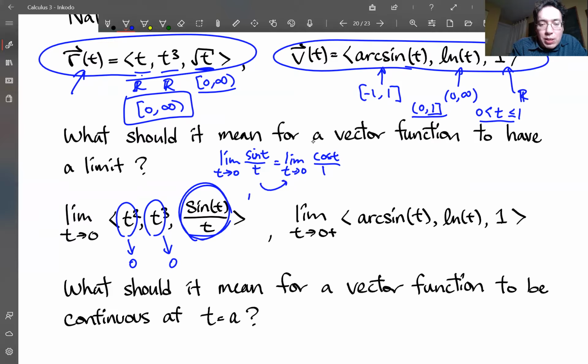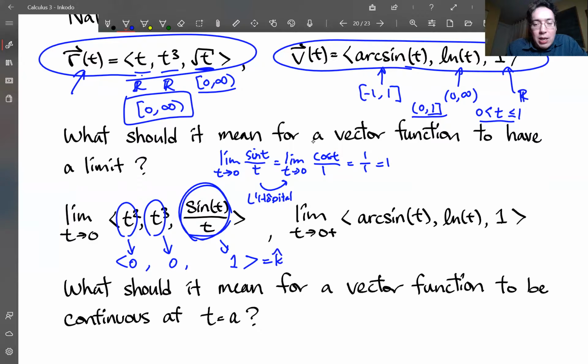So here I'm using L'Hopital's rule. Then I plug in t equals 0. Cosine of 0 is 1, and I'm dividing by 1, so we get the limit of 1. You can take the limit by doing the limit for each component. So the limit is the vector 0, 0, 1. It's the unit vector k.